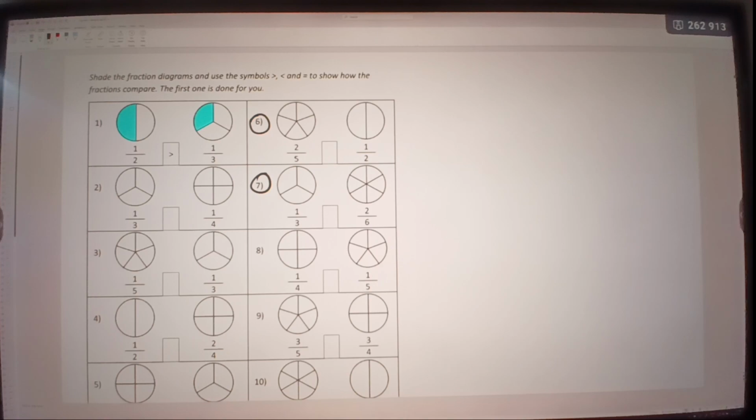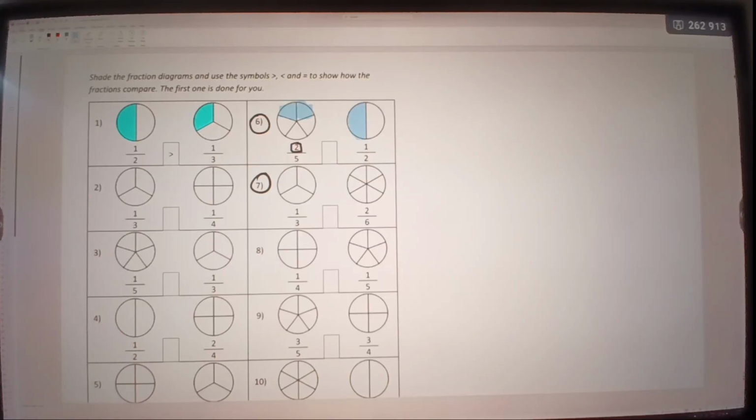So 2/5. So 2/5 means how many parts you have to shade? 2 parts you have to shade. 2/5 means you have to shade 2 parts. So 2 parts you are shading. 1/2 means 1 part you are shading.